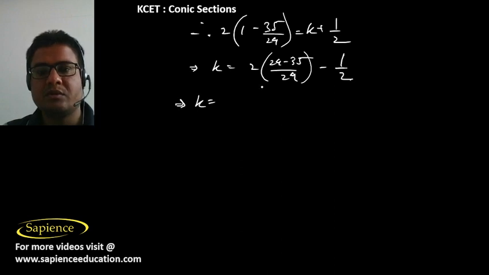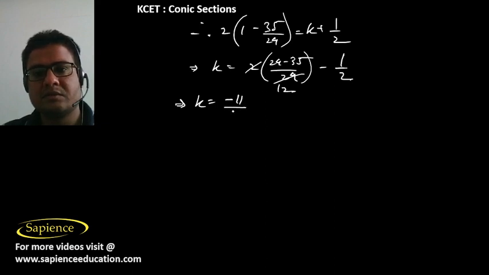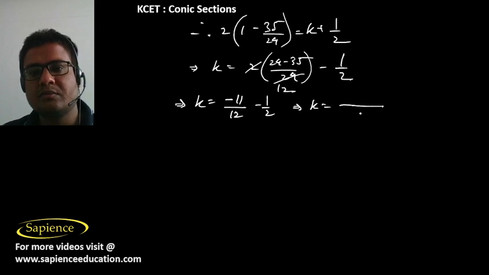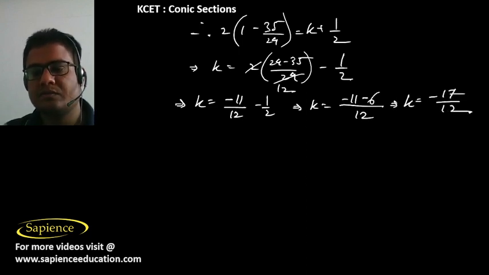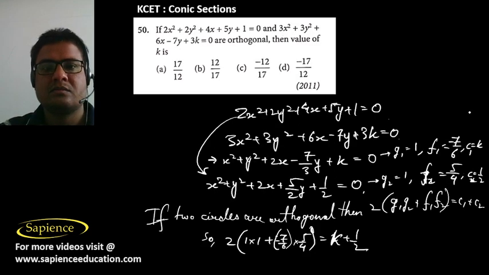So k will be equal to, 2 12s are 24, and this will be minus 11 by 12 minus half. So k will be equal to, the LCM is 12, minus 11 minus 2 6 are 12. So k will be equal to minus 17 by 12. So option D is the correct answer.